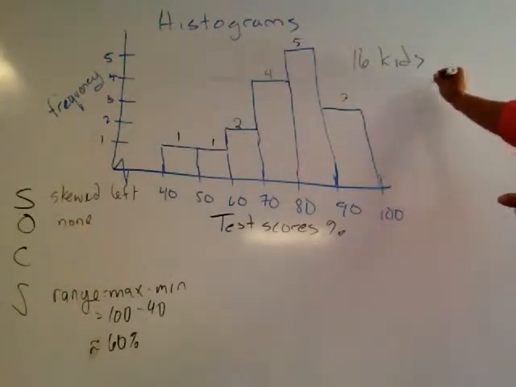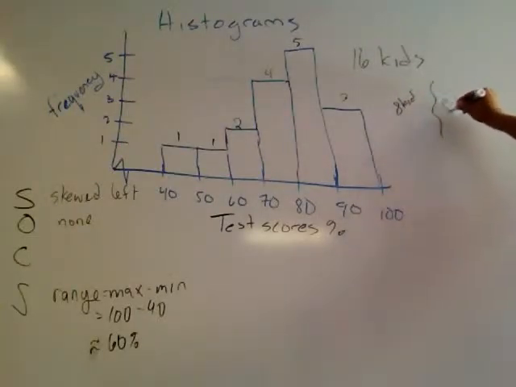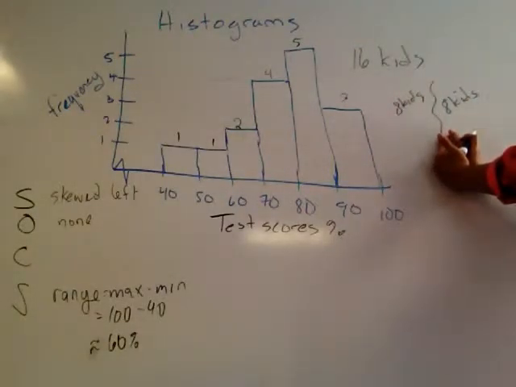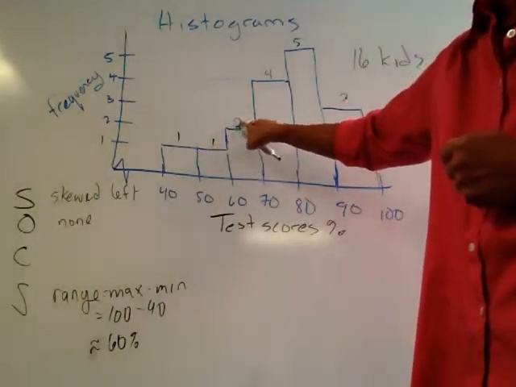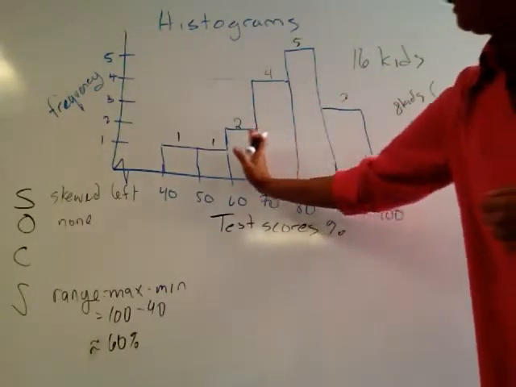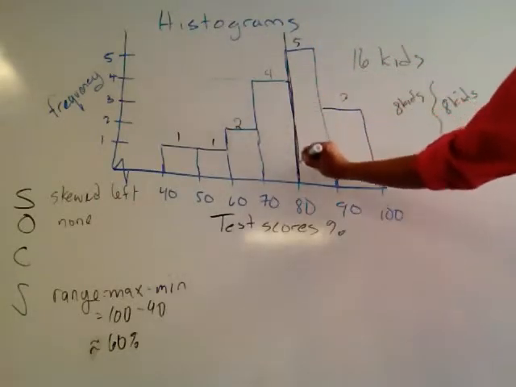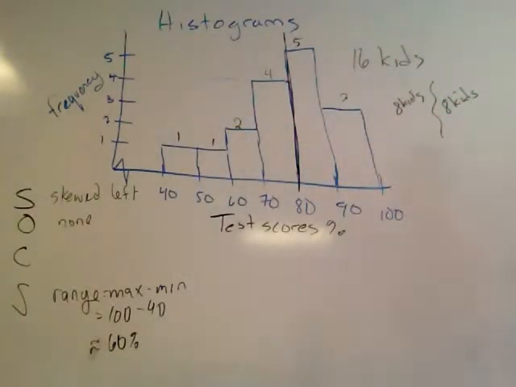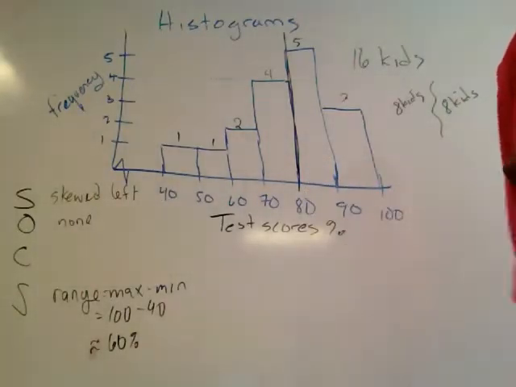So I want half of my numbers on this side, so I have 8 kids on this side, 8 kids on this side. So the position of the median is between my 8th and 9th kid. So I'm going to count my way over: 1, 2, 3, 4, 5, 6, 7, 8. So 8 kids fall that side, 8 kids fall that side. So my median's actually going to fall right inside there. Because we don't have any actual values here, my median's going to be about 80.